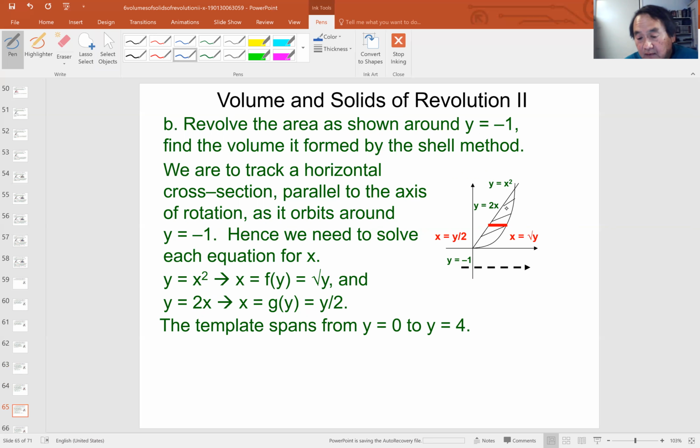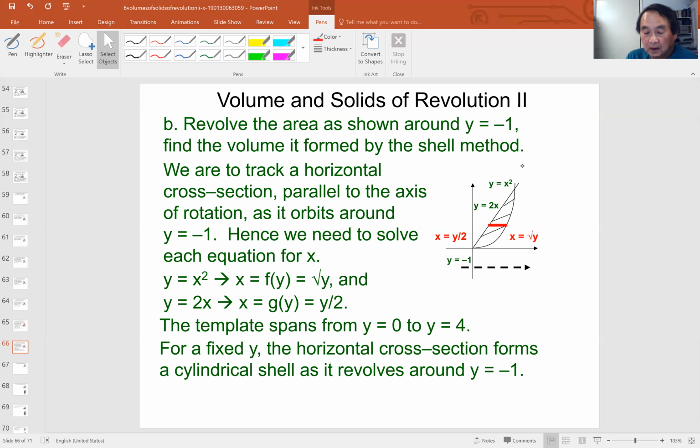The template is very important. Now everything is horizontally tracked, so y will go from 0 all the way up to 4. I'll leave it up to you to solve for that point.